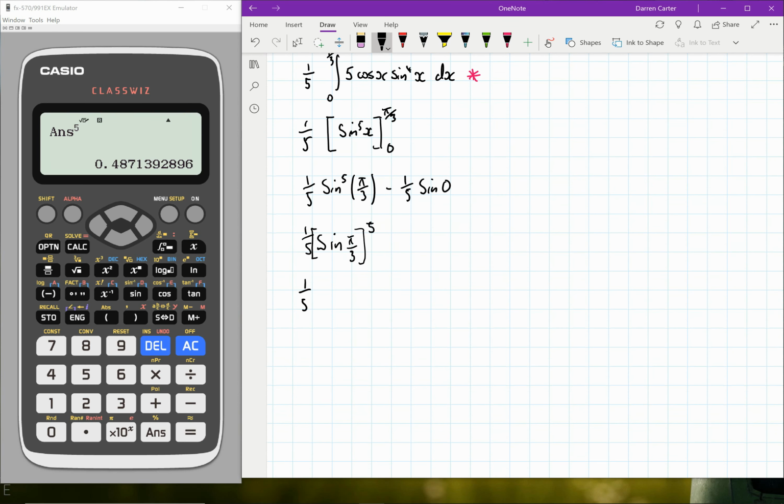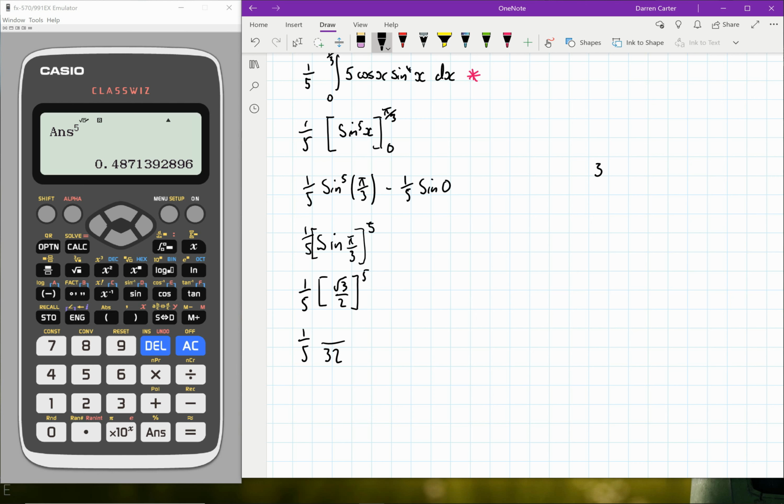So we've got a fifth of root 3 on 2 to the 5, which is a fifth of 2 to the 5 will be 32. Root 3 to the 5, if I think of the fact that root 3 squared is 3, root 3 squared is 3 again, and then there's one more root 3.